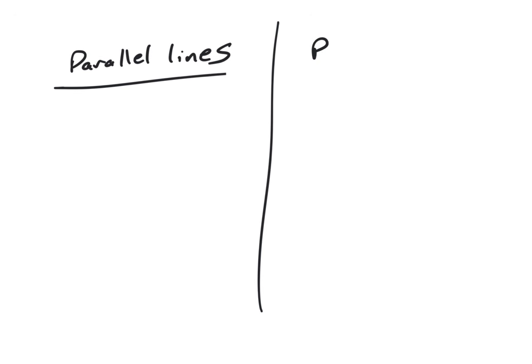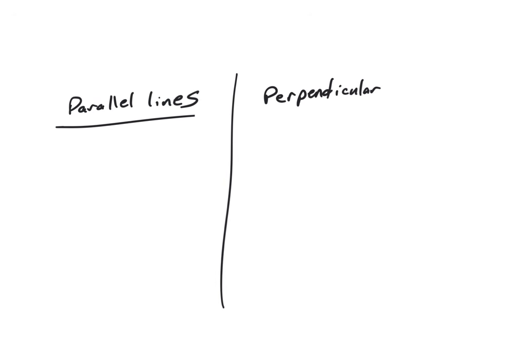The other thing that we're going to throw into the mix here are parallel lines and perpendicular lines. When we talk about linear equations, we have lines, and those lines can intersect one another, or in this case, they could be parallel to each other.